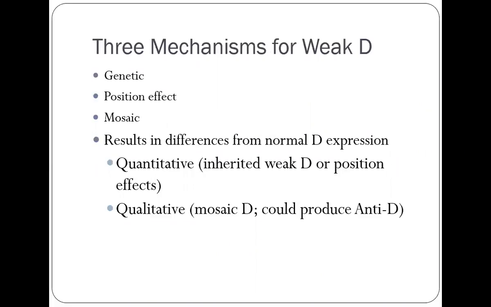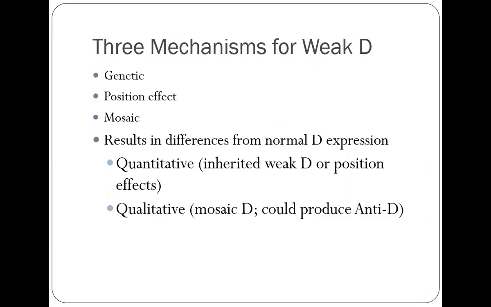Now you might be wondering, what makes one person a weaker expression of D compared to others? There's 3 different ways that you could have a weaker D expression. The first way is a genetic way, and genetic meaning you might just have a different gene that's going to code for a weaker expression of the D antigen.